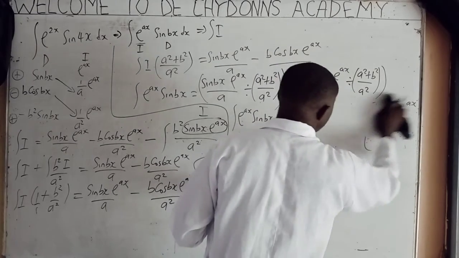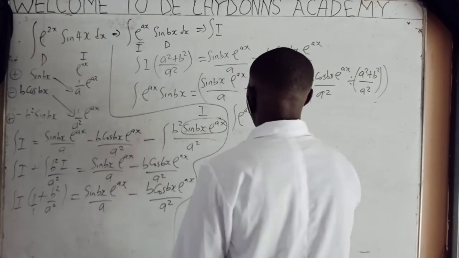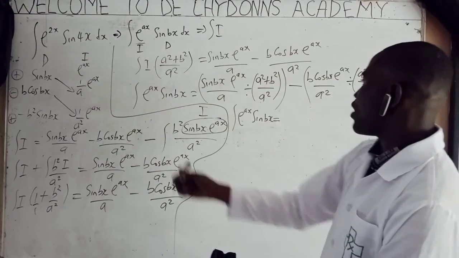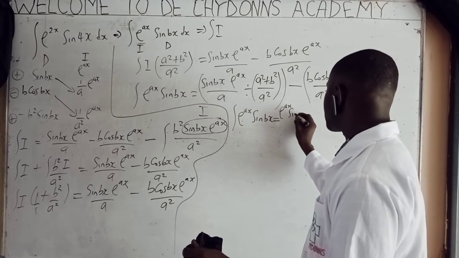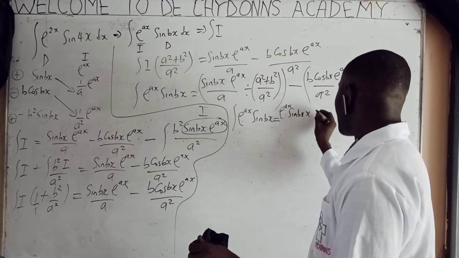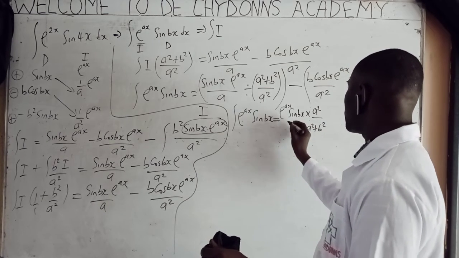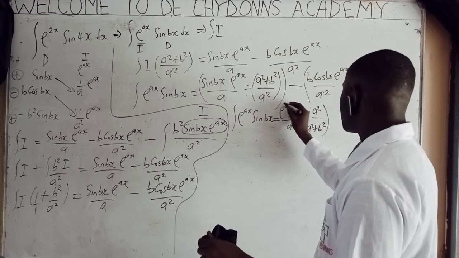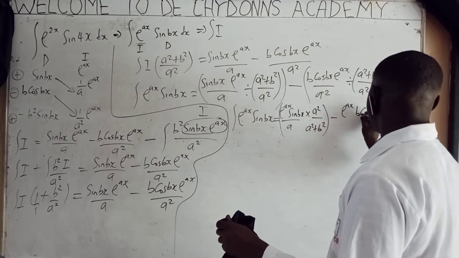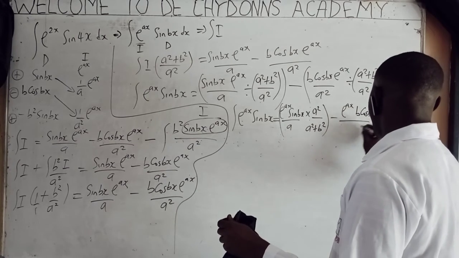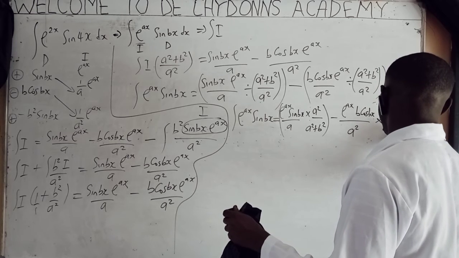Let's write it so that it will enter. So we'll be having exponential ax sine bx times a squared all over a squared plus b squared all over a, then minus exponential ax b cos bx all over a squared times a squared all over a squared plus b squared.